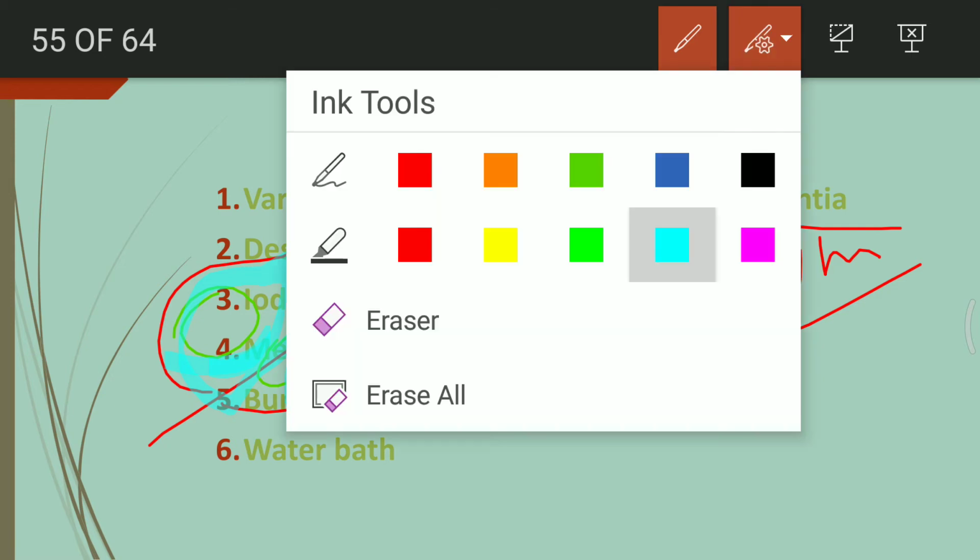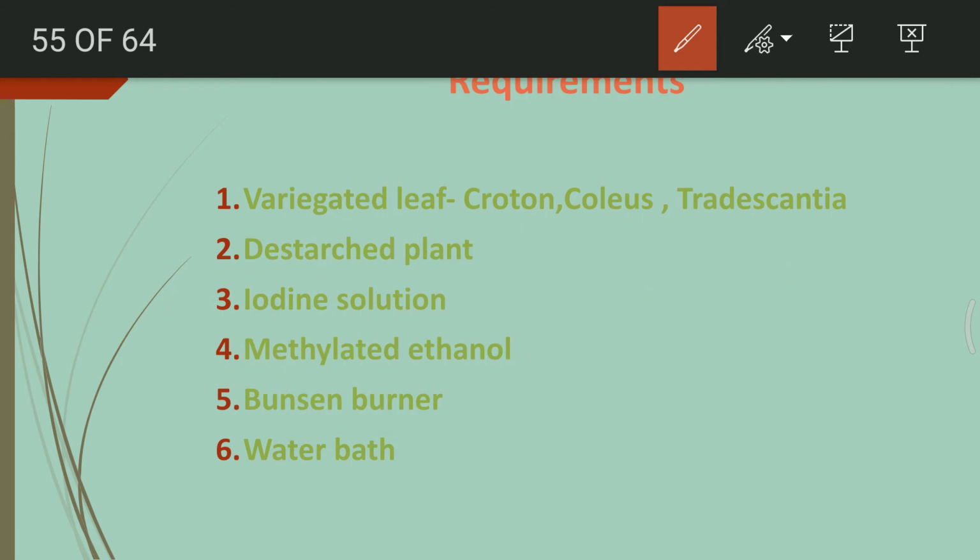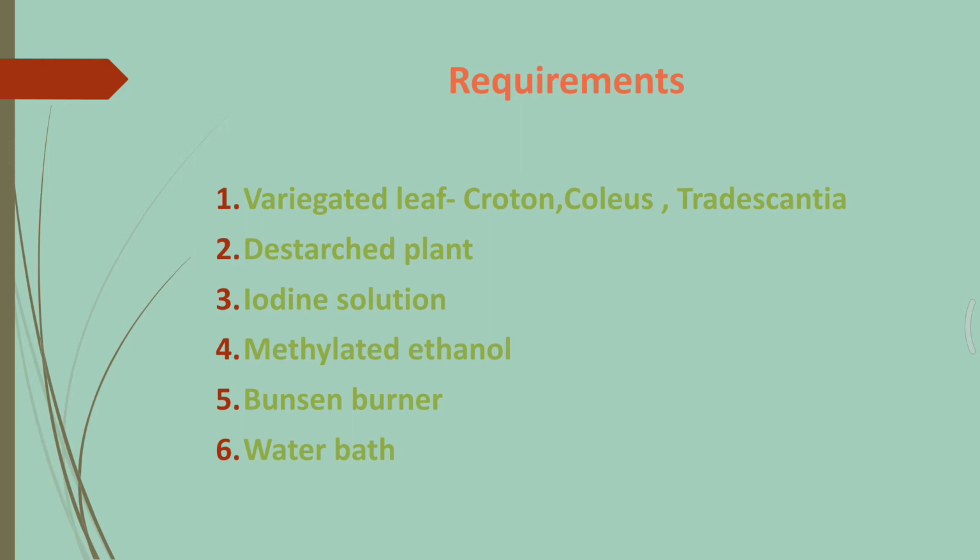So if we perform the experiment with this variegated leaf, the areas with the green portion will do photosynthesis and, with the normal iodine test, will turn blue black, whereas the colored portions will not be capable of doing photosynthesis and they will become brown.